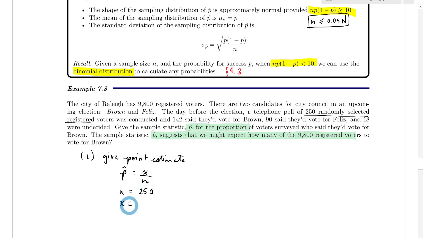The number of people that had the characteristic, they vote for Brown, right? So we're looking for people who would vote for Brown, and in the statistics given from the sample, they say 142 would vote for Brown.